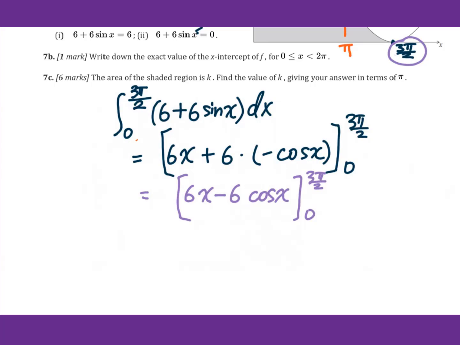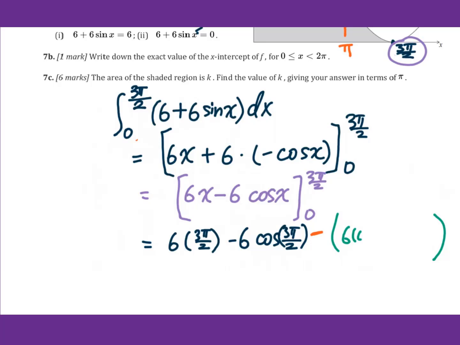So we plug in 3 pi over 2 first. You will get 6 times 3 pi over 2 minus 6 times cosine 3 pi over 2. Then minus, we do parentheses here, 6 times 0 minus 6 times cosine 0.